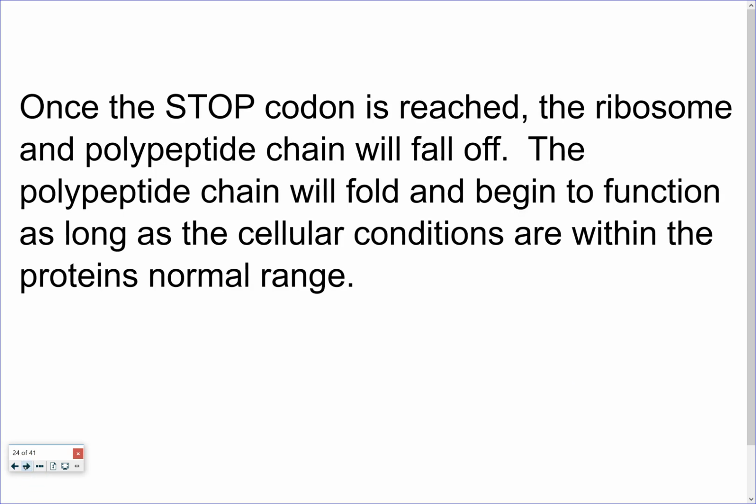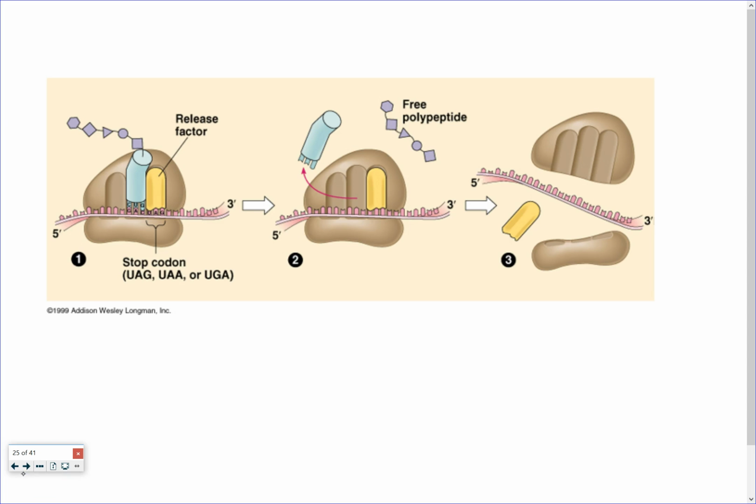So once again, once the stop codon is reached, the ribosome, the polypeptide chain, and everything fall off, and the protein will begin to fold. This only happens if the conditions are within the protein or enzyme's normal or optimal range. If it is too hot or too cold, the folding process will be interrupted or may not happen at all, and the protein will be non-functional. So here's a cleaner picture of the story.